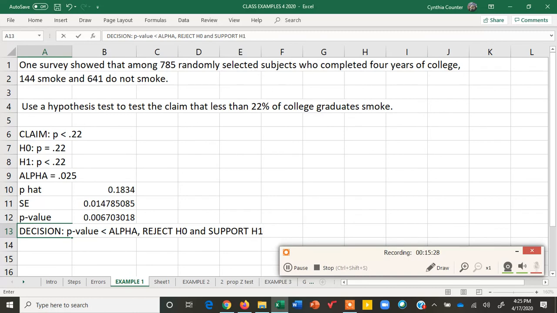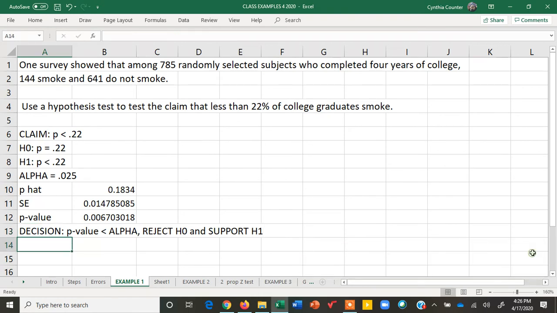The alternative, remember, is our claim right here. So if we support the alternative, we support the claim. So our conclusion is the sample data support the claim. It doesn't take too long to do one of these when you understand what you're doing.